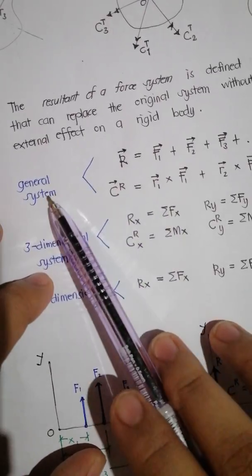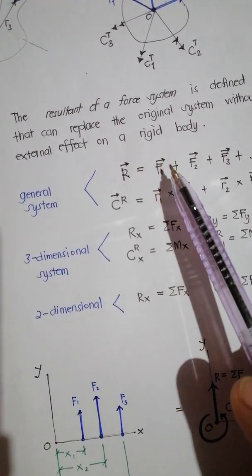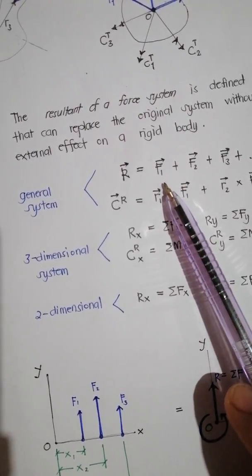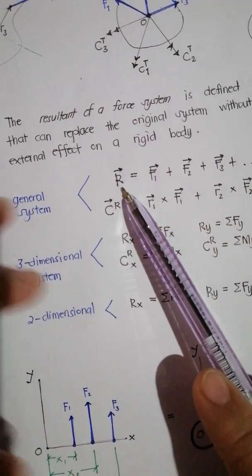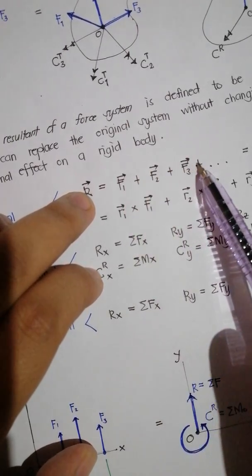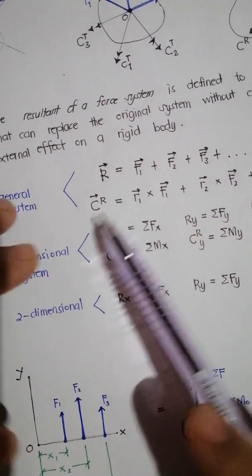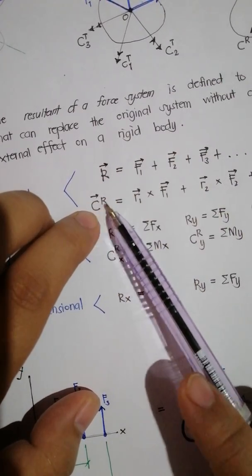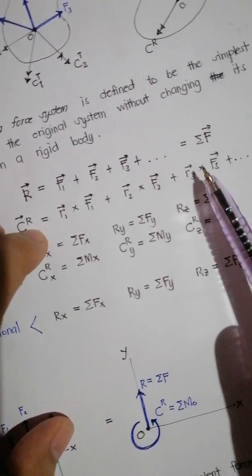Okay, so for a general system, generally all of the force systems are transferred to the origin of the system. With that transfer, of course, the resultant force is just definitely the summation of all of the force vectors. But since there are transfers that are made, couples of transfer exist, and for the resultant of all of the couple vectors, we just add all of the couples of transfer.